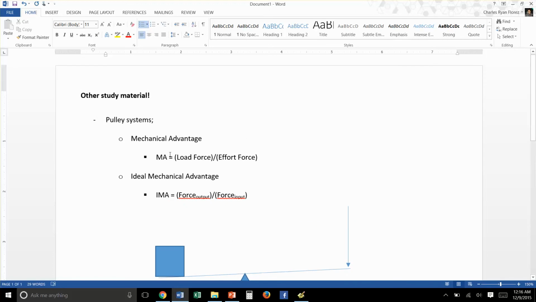Okay, so mechanical advantage is just load force divided by effort force. Ideal mechanical advantage is force output divided by force input.